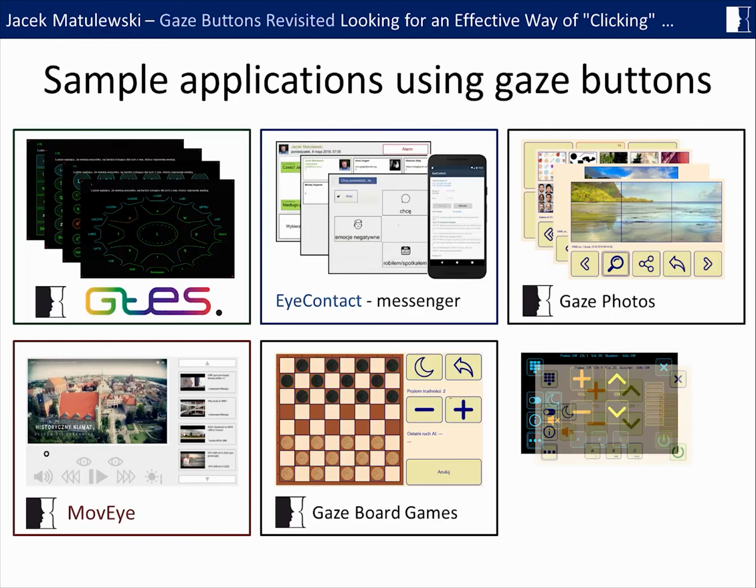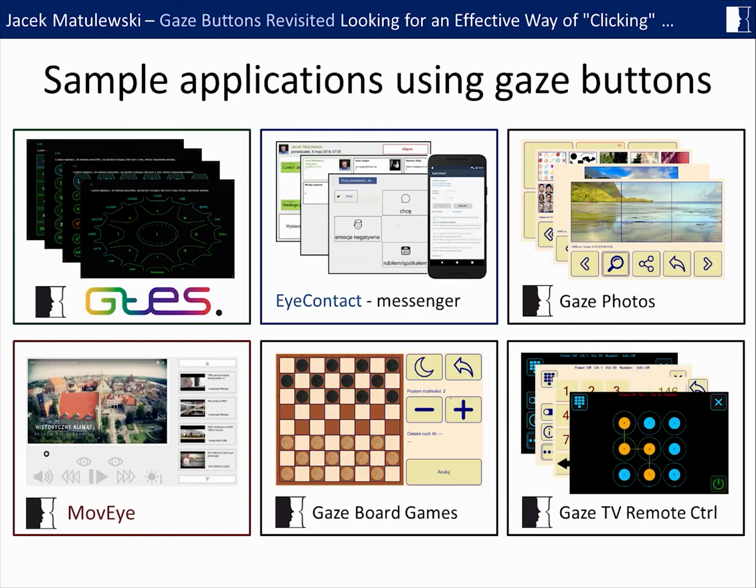Finally, we prepared a gaze-controlled TV remote control with a dwell-time based gaze interaction interface, as well as one based on gaze gestures. The whole set of software creates a kind of entertainment center for a person communicating with the environment only through his eyes.